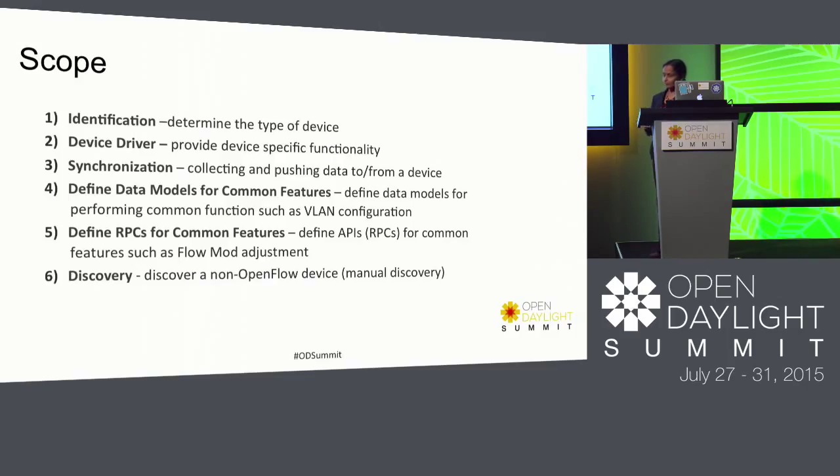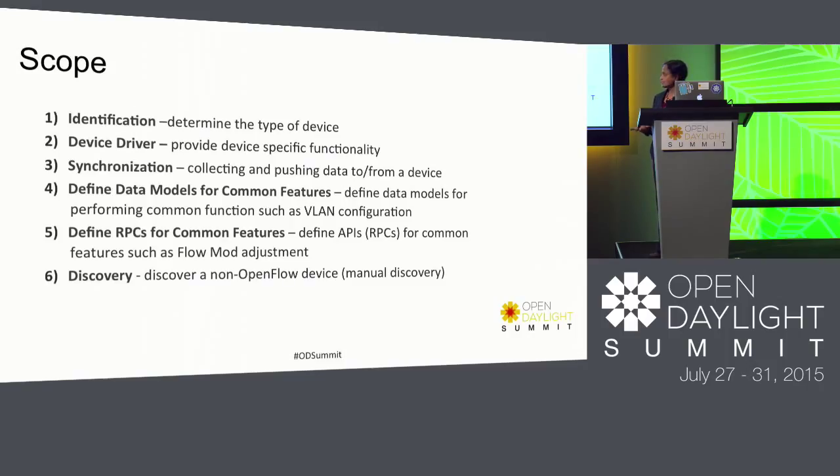As I said, it can be a flow mod driver, or it can be any other configuration on the device. And then synchronization. Synchronization is sending data to the device, or pulling data from the device, which we need going forward to create and then adjust flows. And then define data models for common features.